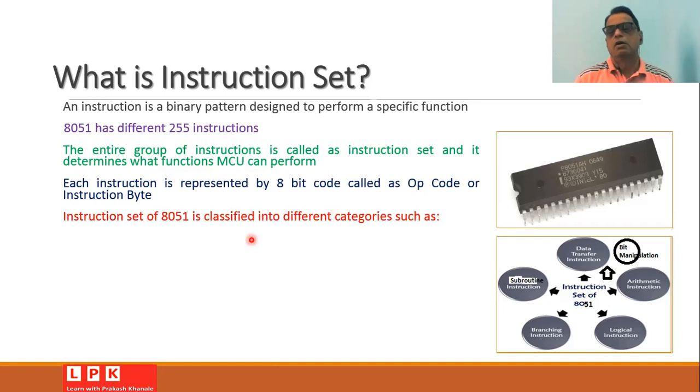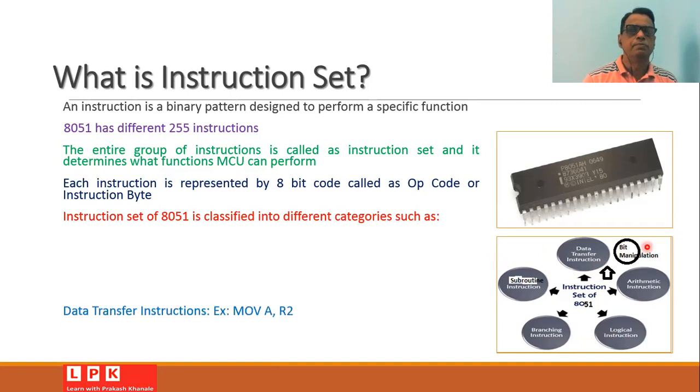The instruction set of the microcontroller 8051 can be classified into different categories. As shown in this diagram, the instruction set for the 8051 can be classified into categories such as data transfer instructions, arithmetic instructions, logical instructions, branching instructions, subroutine instructions, and bit manipulation instructions.